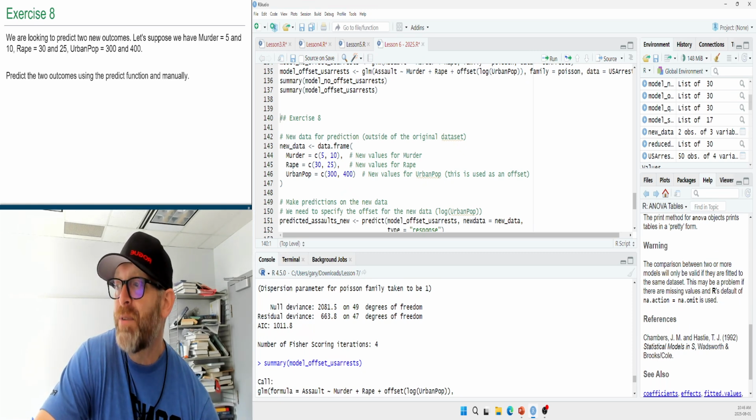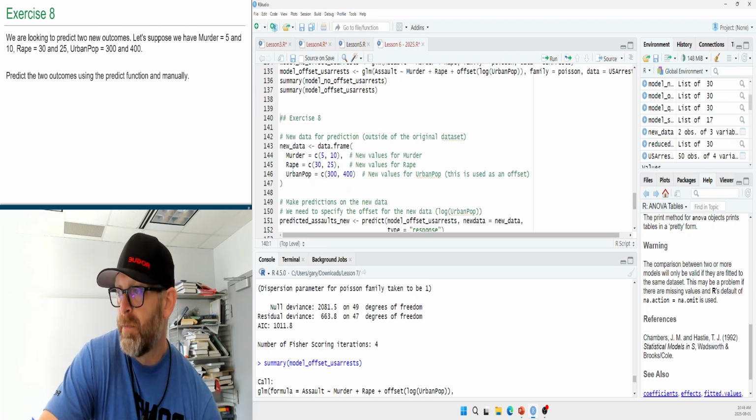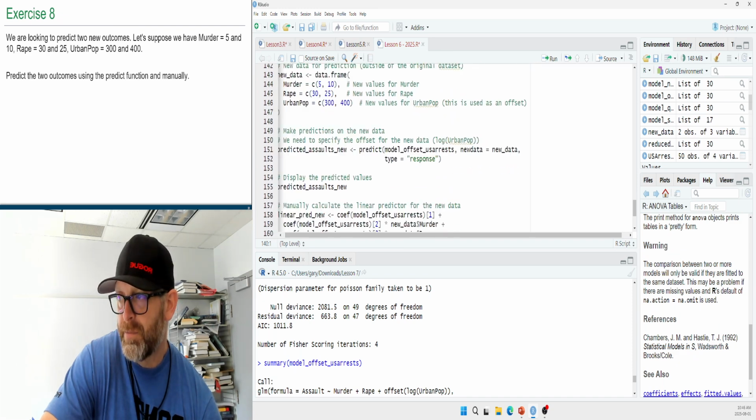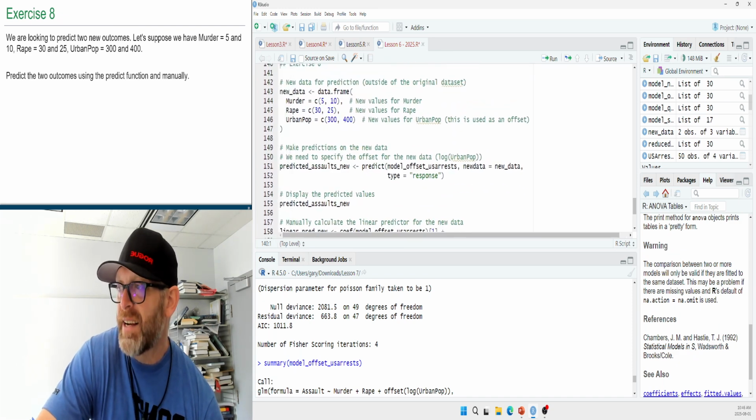I'm going to create the data frame using the data.frame function. My first column will be for murder, so again 5 and 10, rape 30 and 25, and urban population 300 and 400. Oops, actually, let's remember to create the data frame here. There we go.